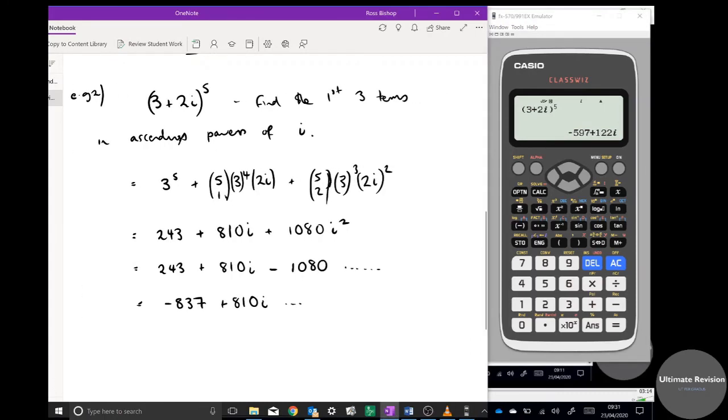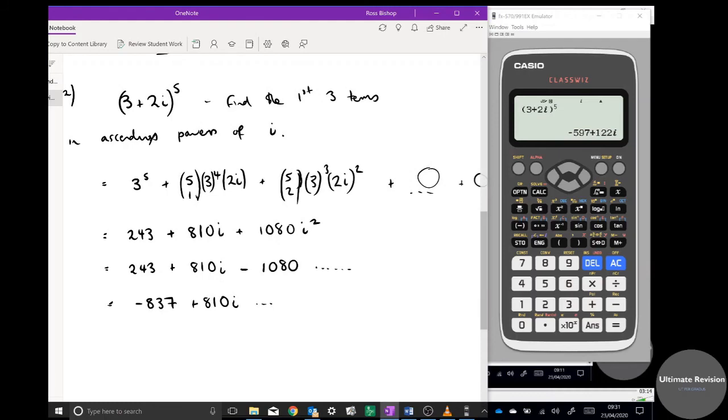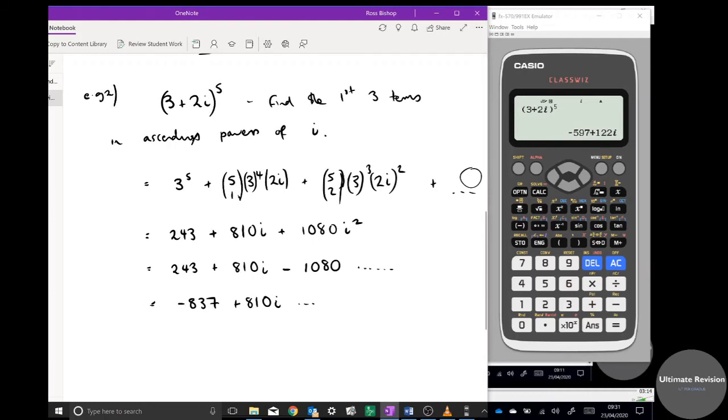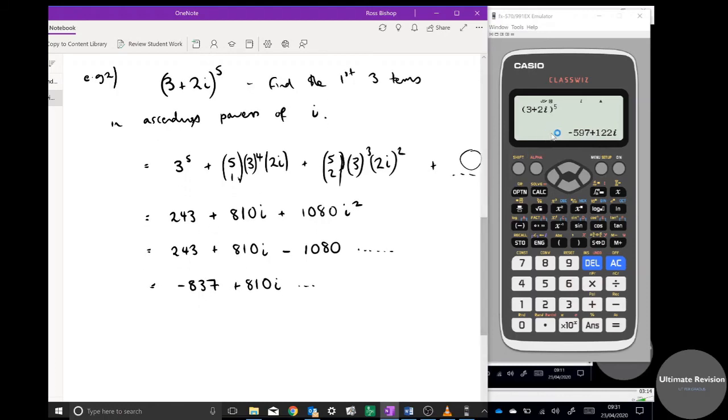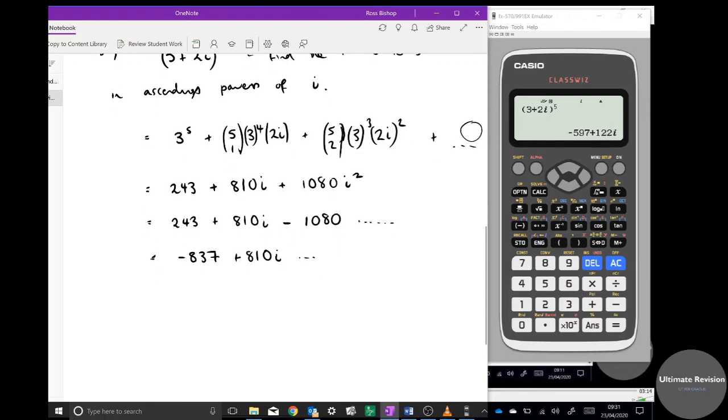It's different because we've got 2 more terms, haven't we? We haven't included those terms, and both of those terms are going to change this. So this is a bit of a strange question, but it's something that they could, in theory, ask, but your calculator will give a different answer because you've only estimated it from the first 3 terms here.